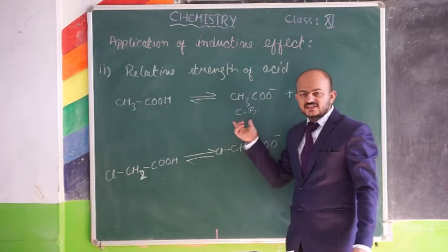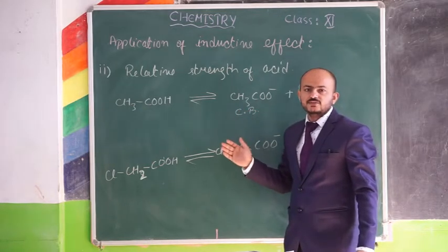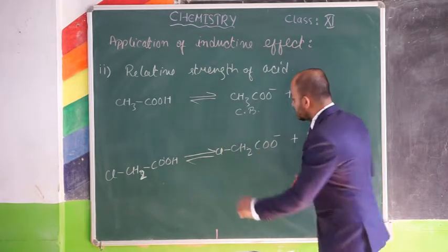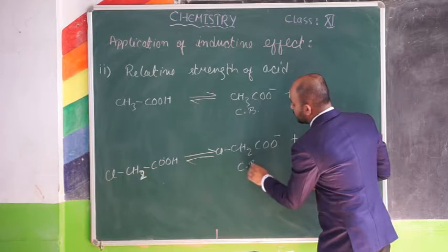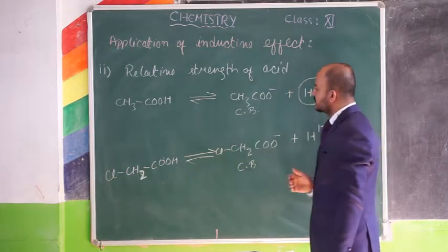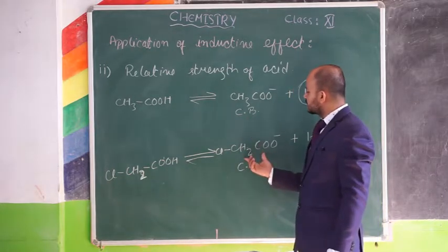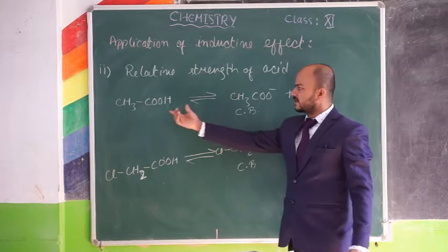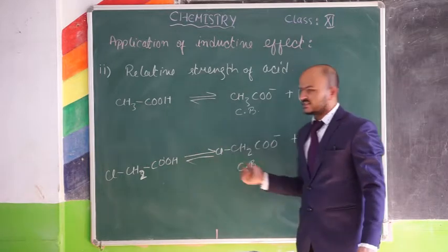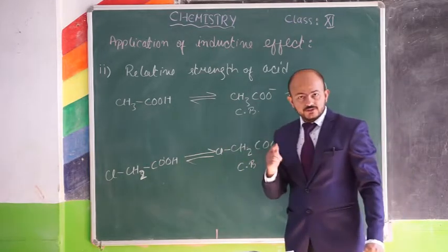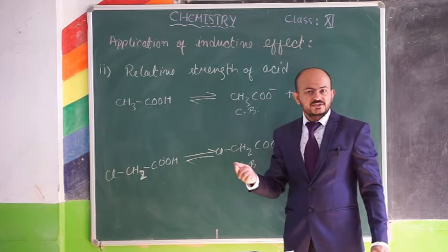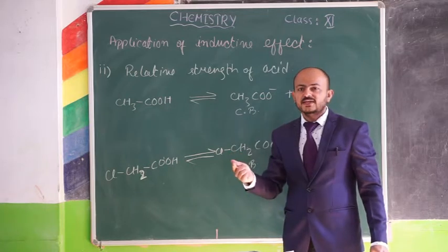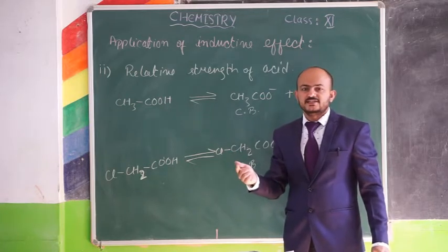If the conjugate base is more stable, that acid is going to be more acidic. So this is the conjugate base of chloroacetic acid. Let's compare the stability of the conjugate bases of acetic acid and chloroacetic acid. Remember, the more the stability of the conjugate base of the acid, the more will be its acidic strength.